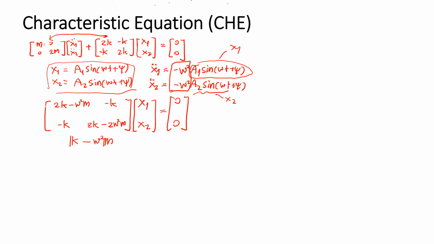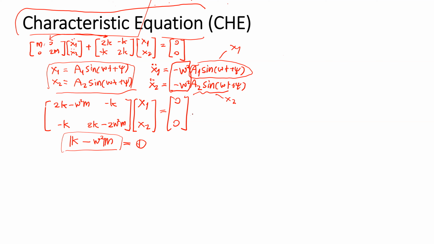And yeah, now we have the matrix equation, like here, equal to 0 matrix. So the characteristic equation: how can this equation always be true?